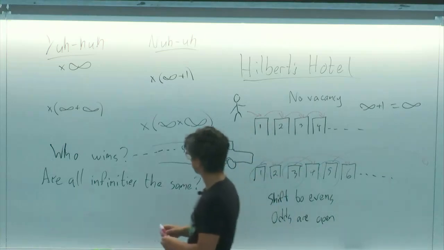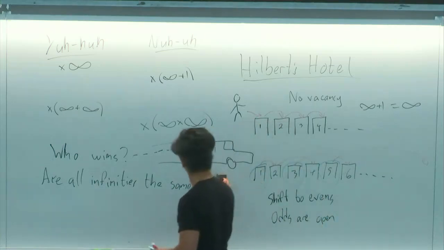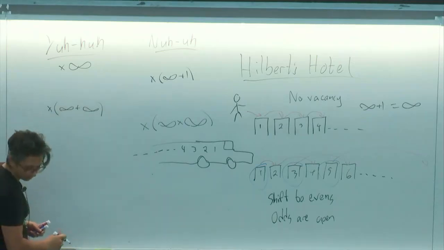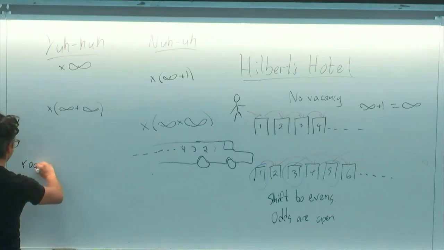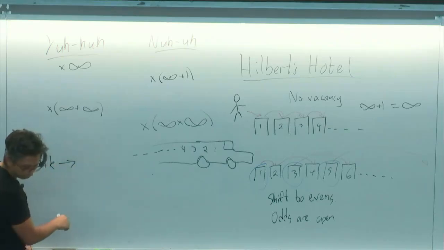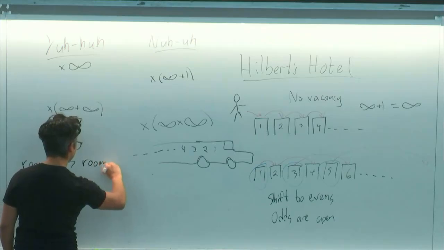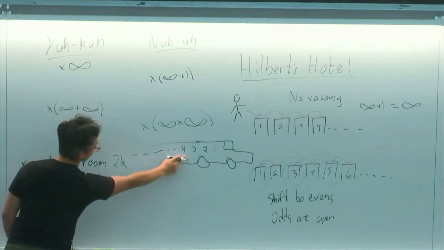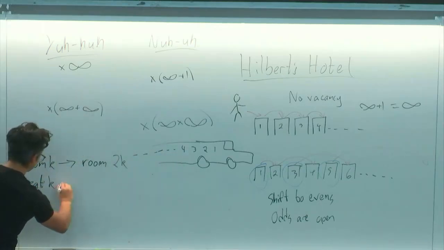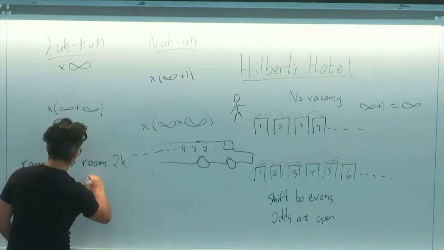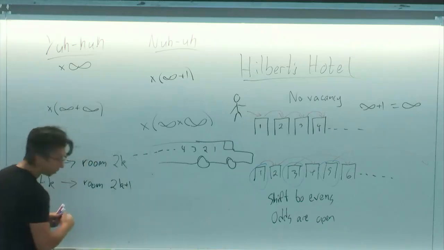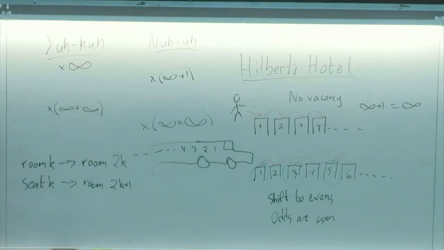And what that actually looks like is that room K goes to room 2K, and seat K, as in from the bus, can go to room 2K plus 1. So this is a thought experiment. We haven't done anything particularly formal yet, but are there any questions on this?